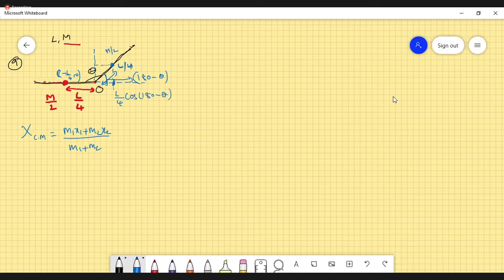And the other component will be L by 4 sin 180 minus theta. Cos 180 minus theta is what?